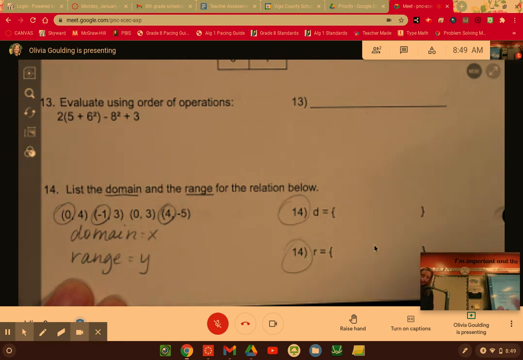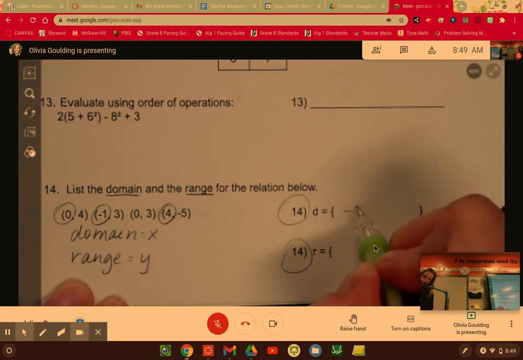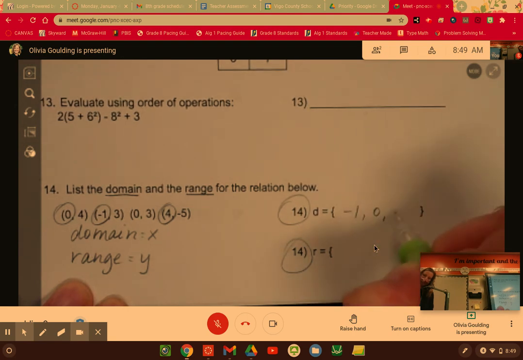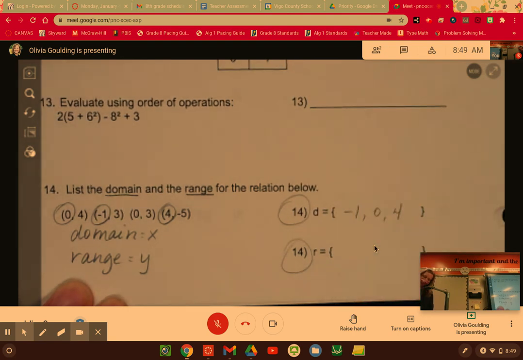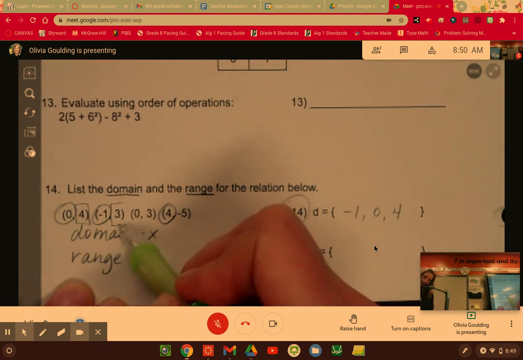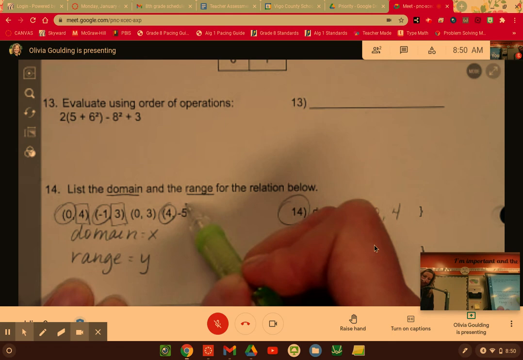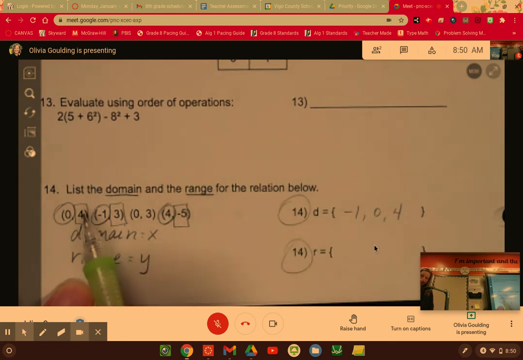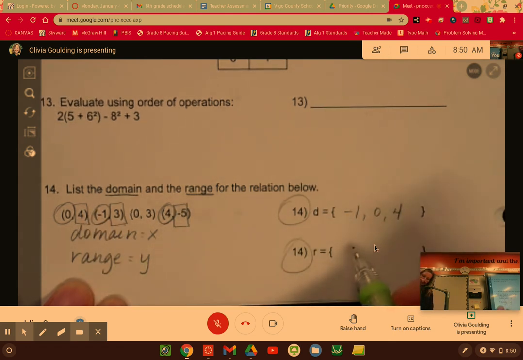So I'm going to write it from least to greatest: -1, 0, and 4. That's my domain. And my range, 4, 3, 3, -5. I don't have to write that 3 twice. So I'm going to do, oh sorry, my bad: -5, 3, and 4. Domain and range.